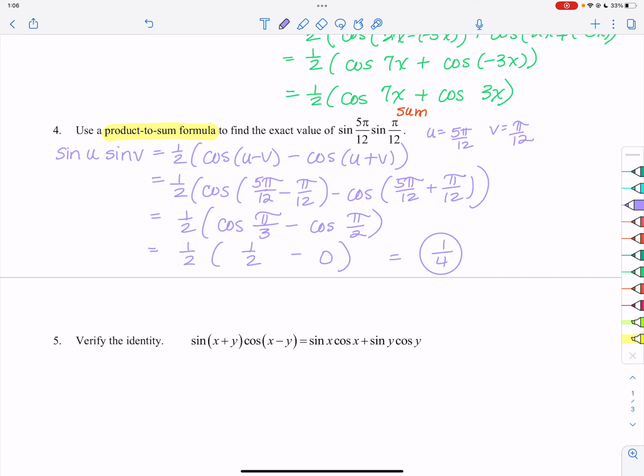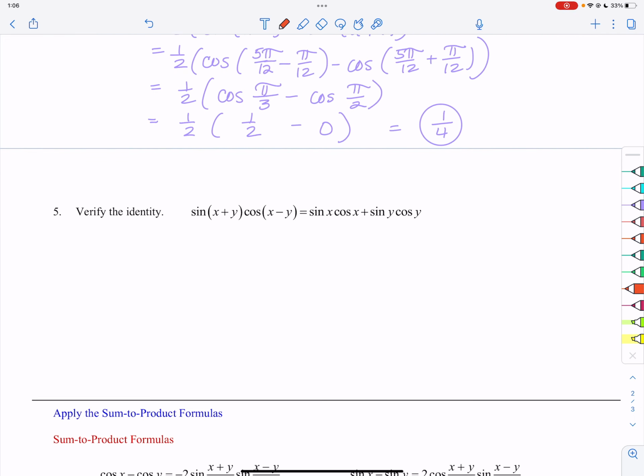In number 5, they've asked us to verify the identity. Let's go ahead and let u equal x plus y and v equal x minus y. Working on the left-hand side, we have 1/2 the sine of x plus y plus x minus y, and that's really what we're taking the sine of, all of that.